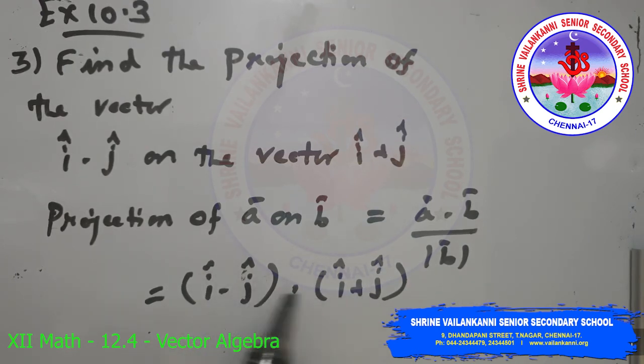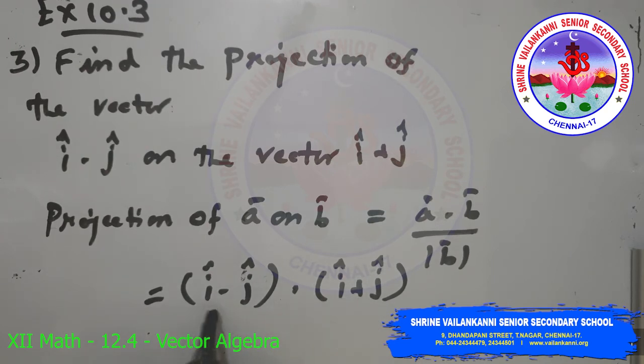Similarly j dot i is 0, j dot j is 1. So we have i dot i, which is 1 into 1 is 1, minus j dot j, that is minus 1 into 1, which is minus 1, whole by magnitude of B, which is 1 square plus 1 square, which is root 2. 1 minus 1 is 0. So projection of A on B equal to 0.